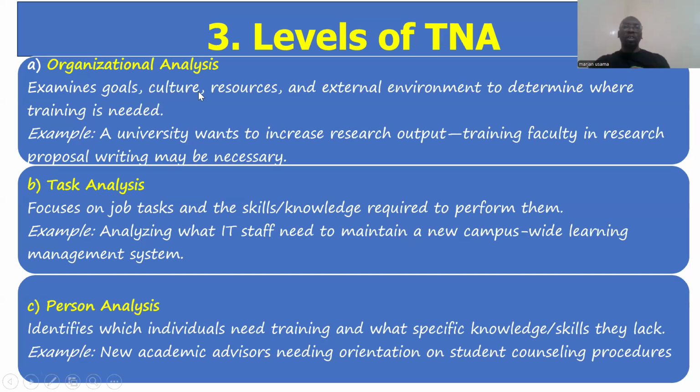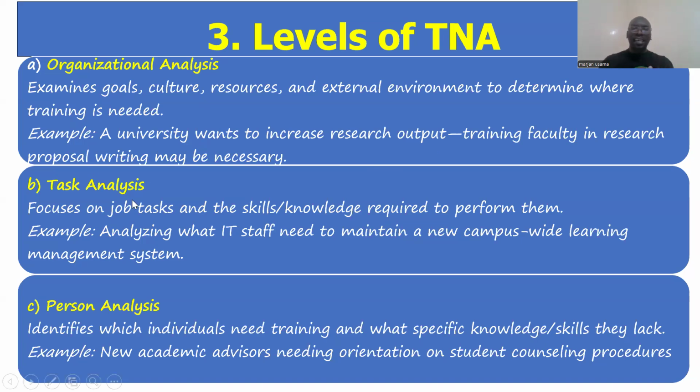About organizational analysis, for example, a university wants to increase research output. So training faculty in research proposal writing may be necessary. So a university, for example, Alpha University, wants to improve their research output. So this is training for all the faculties, because all the faculties need training.